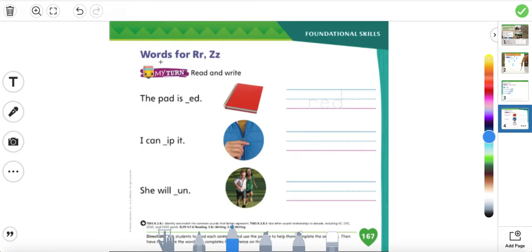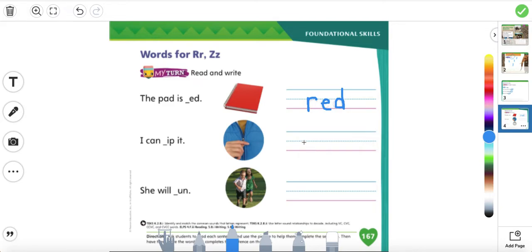Okay. Words for R and Z. The pad is red. R, letter R, E, D. I can zip it.